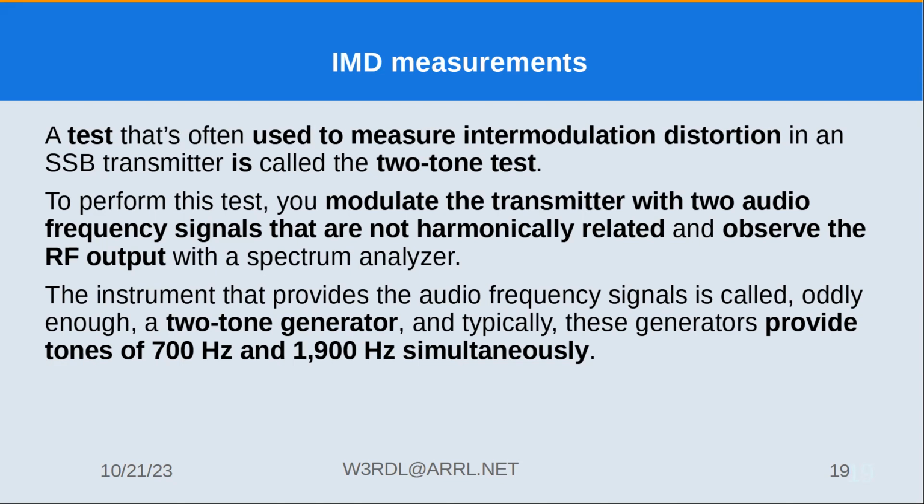So you apply the two audio tones into the amplifier or the transmitter, and you look at the output. And if you see anything besides those two tones, then you've got intermodulation distortion, which will look like additional spurs popping up.